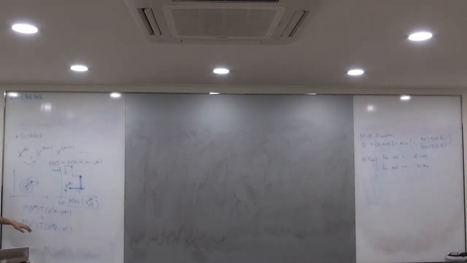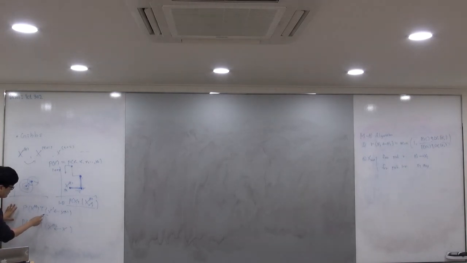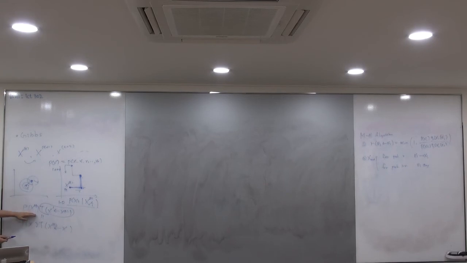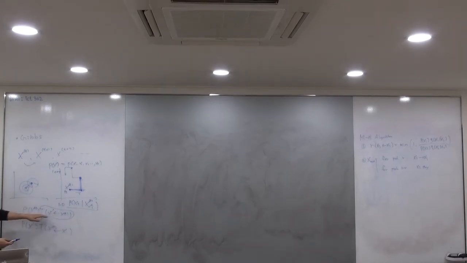I'm not going to go into the details, but I will give you an idea why the Gibbs sampling has an R of 1. The reason is that the detailed balance condition is this one, right? And what you're setting here is this one to the conditional distribution, right? P(x_t+1) multiplied by the conditional distribution of this.